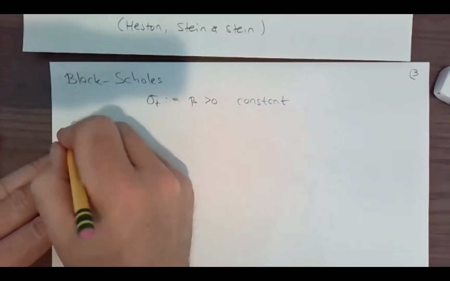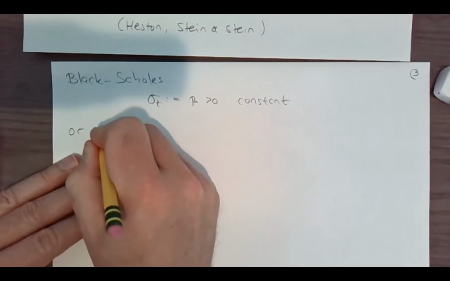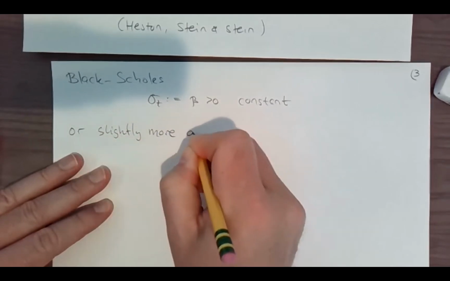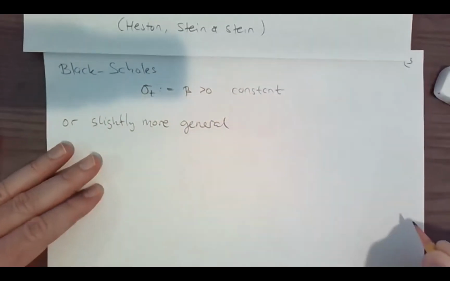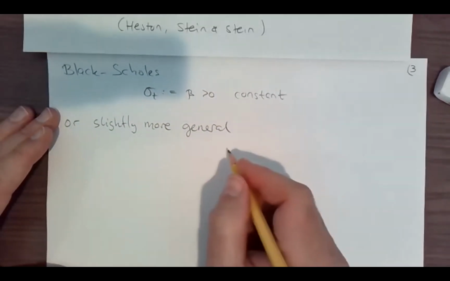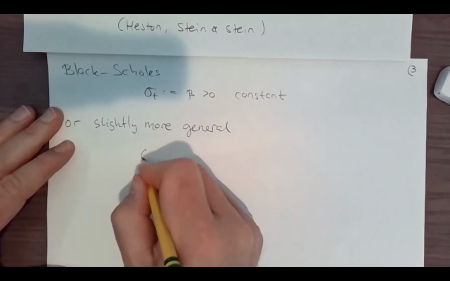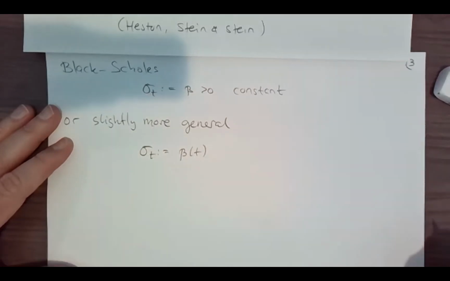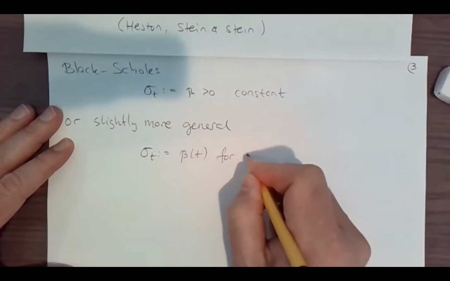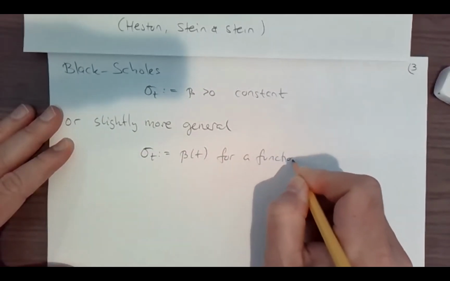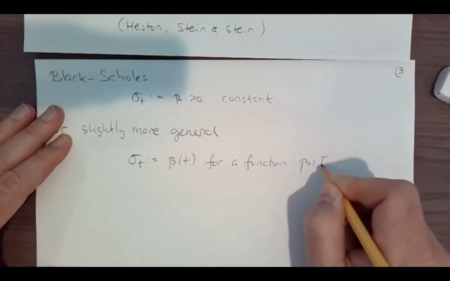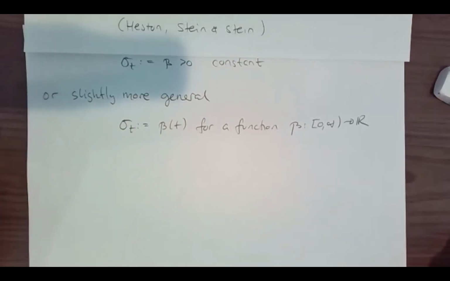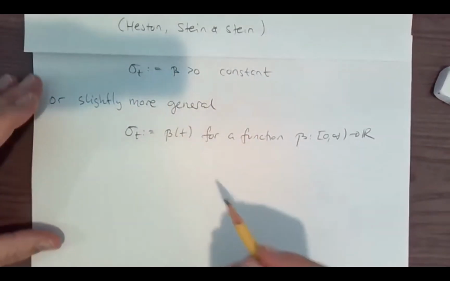Or you can make it slightly more general. You can have sigma_t be a function beta of time.